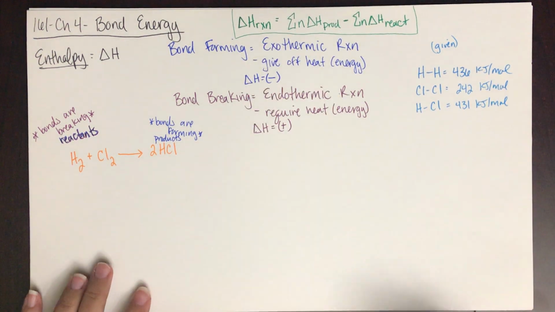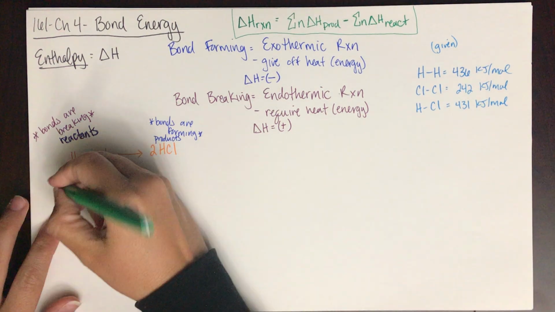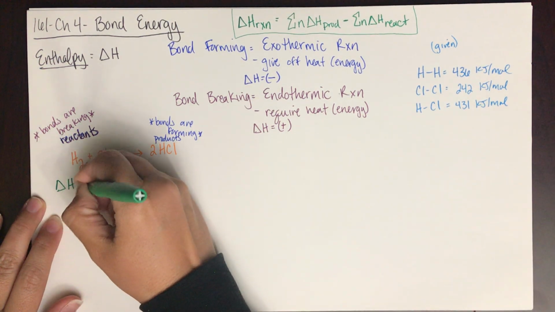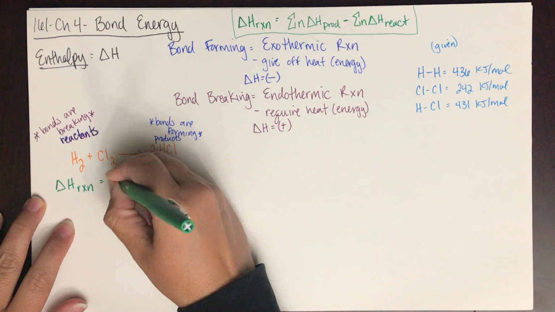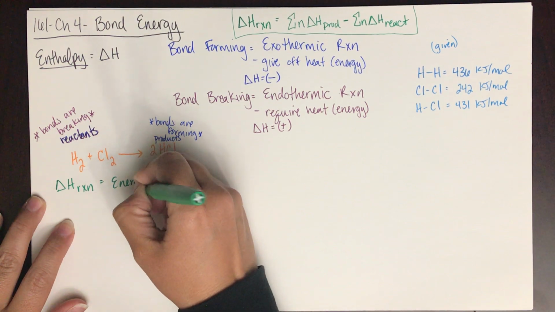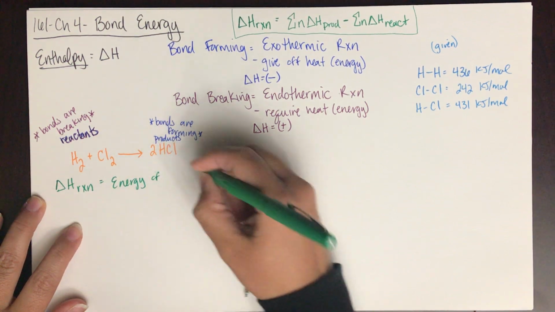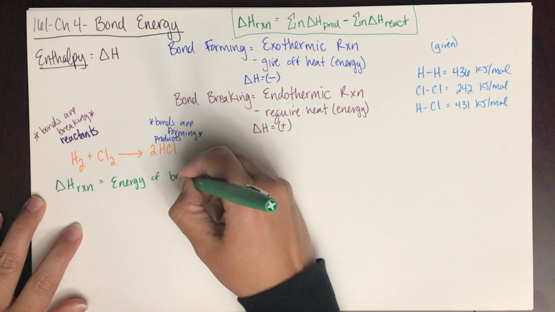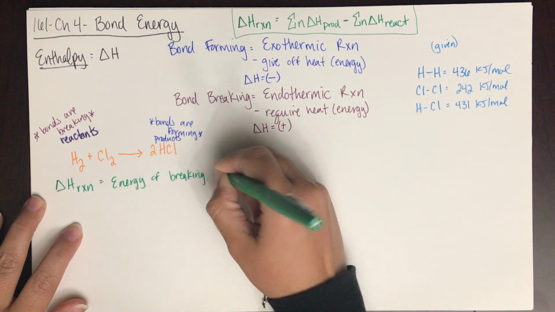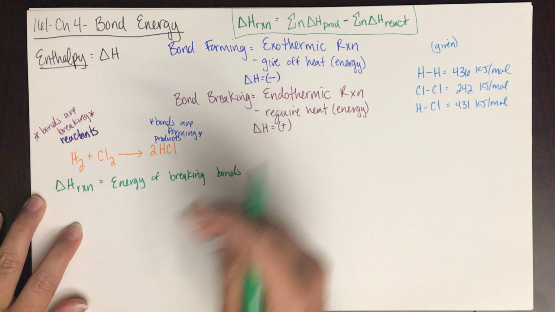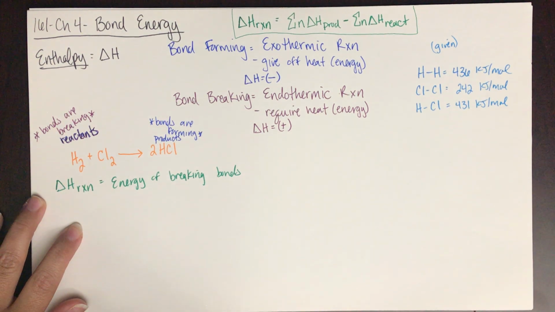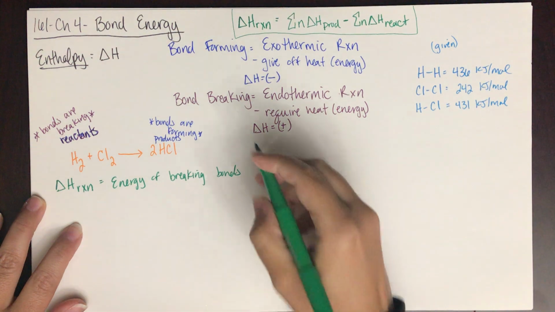So another way to write this is the delta H of the reaction is the energy of the breaking bonds minus the energy of the bonds that you're making.